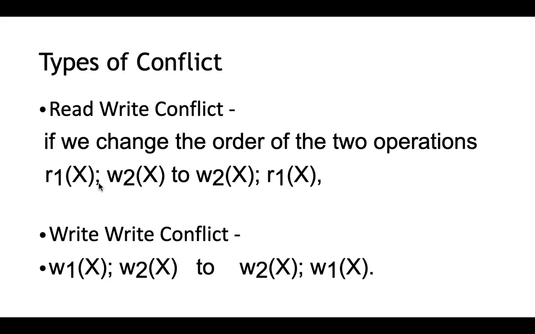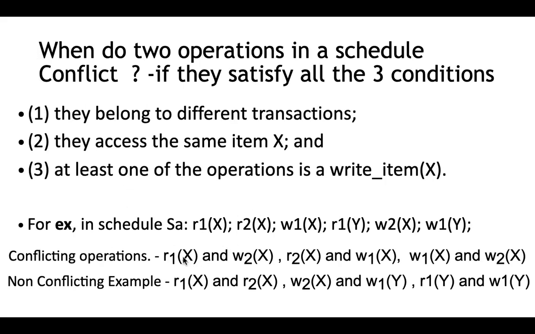In this case it is a read-write conflict. In this case it can be a write-write conflict. Going back to the conflicting operations, the first one was a read-write conflict, the second one is also a read-write conflict, and the third one is a write-write conflict. Those are the conflicts that can occur.